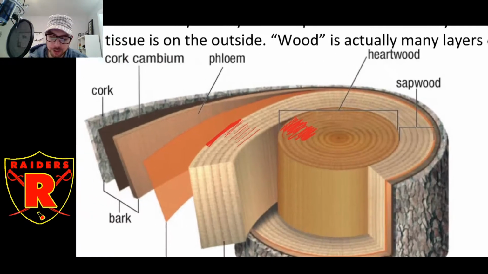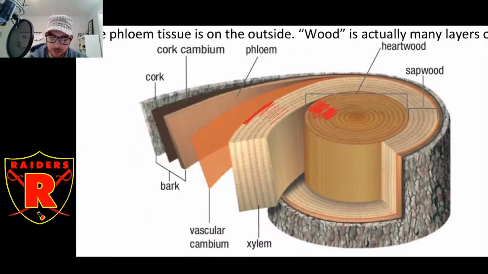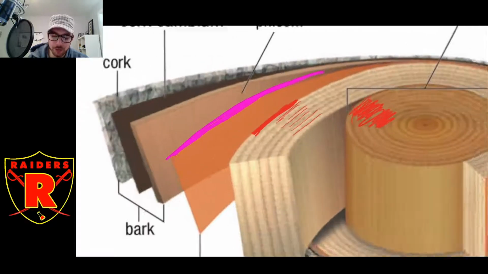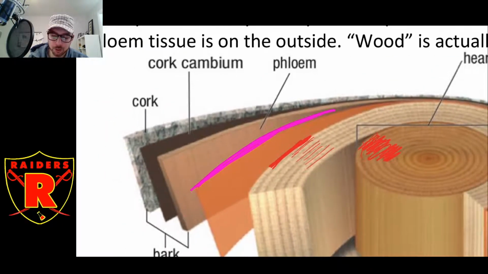So you've got heartwood in the center, then you've got the xylem tissue, and then I mentioned that there is a layer in between called the vascular cambium. This layer right here is what grows new xylem and new phloem. It's continually moving outwards as it produces xylem behind it, and on the outside of the vascular cambium, it's producing new phloem.